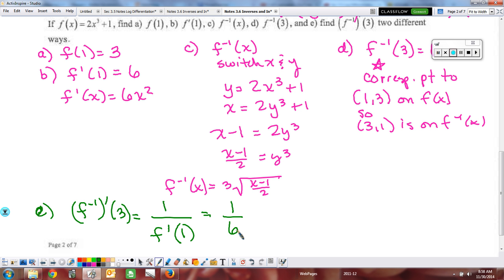Look at how fast that was. Notice I didn't actually have to use the information that I had in C. That C was completely unnecessary.